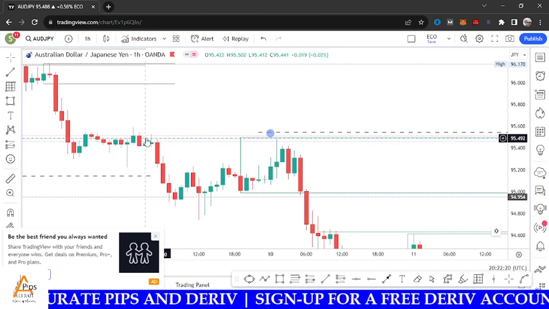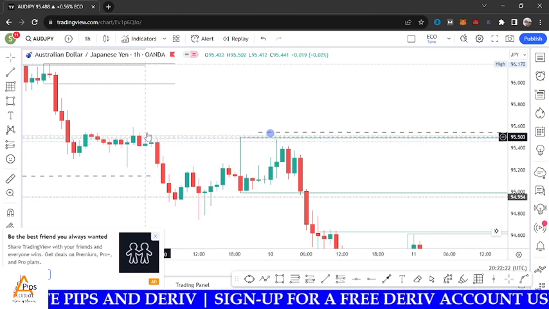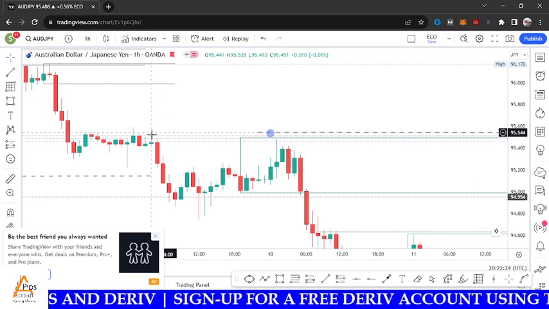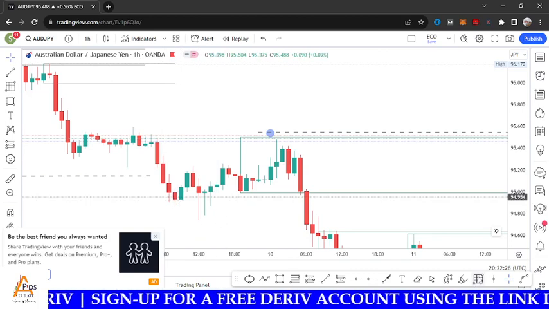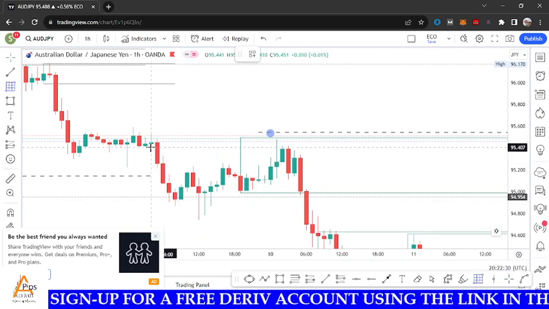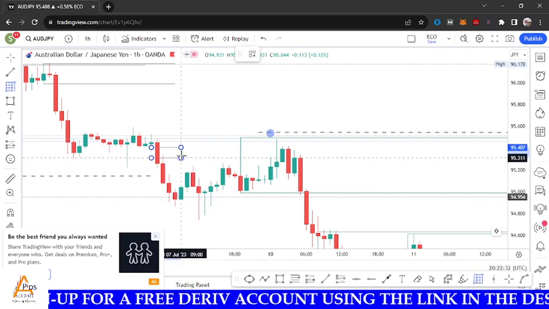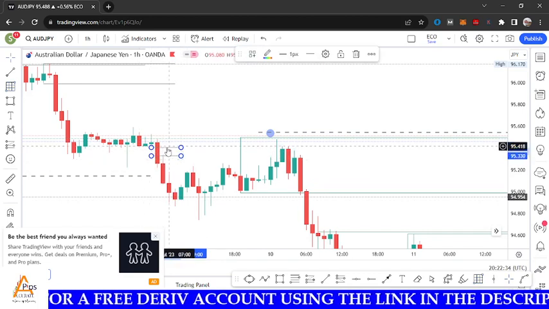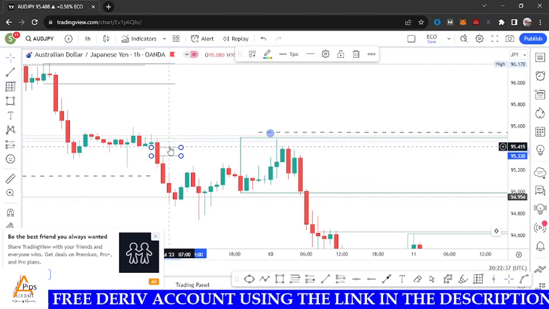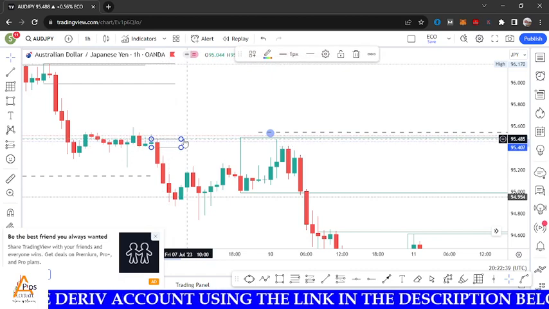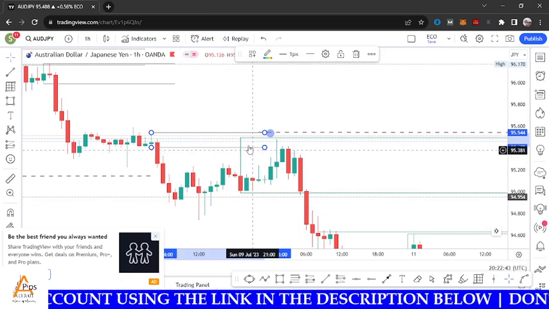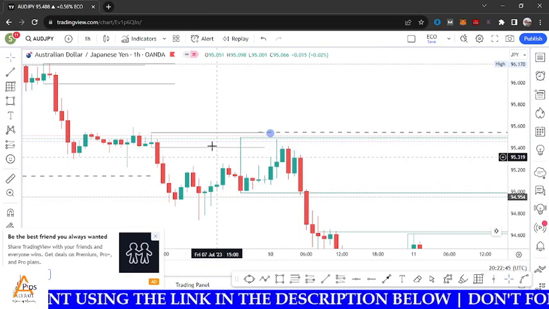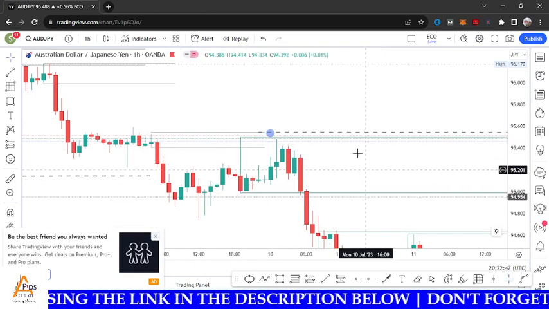Over here, it took the high of this green candle. So this is the last buying candle before the sell momentum here. Because there is an imbalance also over here between them, this area becomes our valid order block. We can see price push back into that order block and market push down.